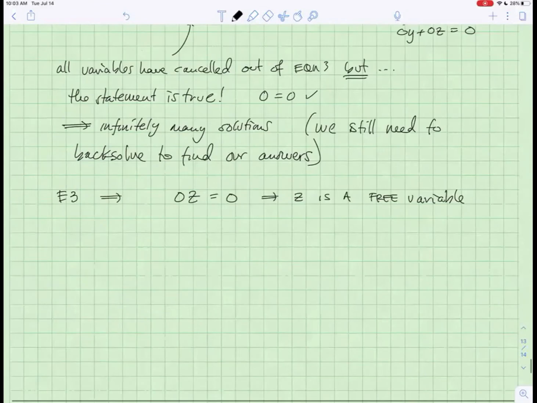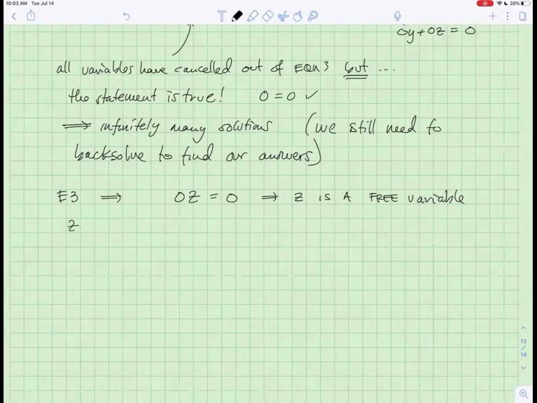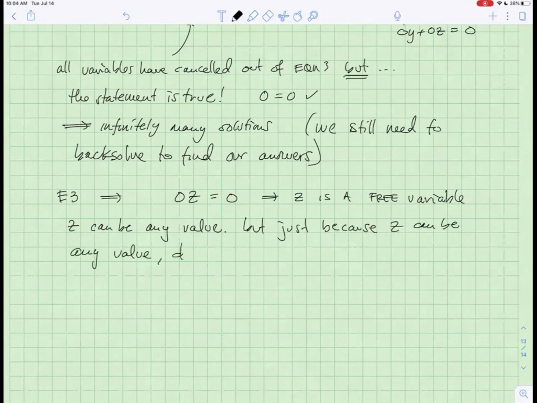So z can be any value, but just because z can be any value, that does not mean x or y can be any value.